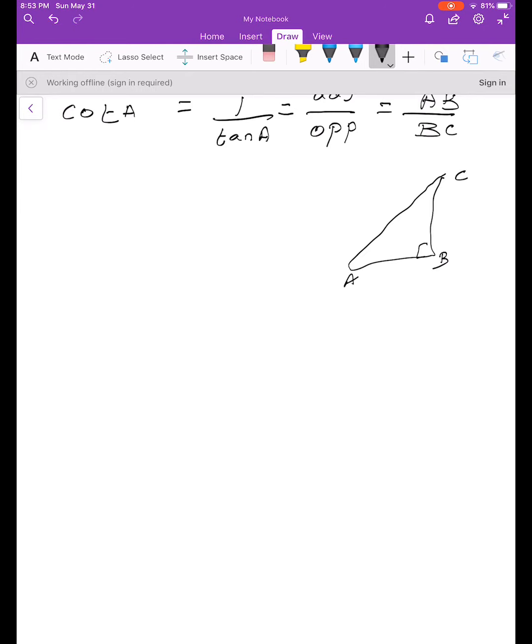Now I am going to write with respect to angle C. You can repeat with me so that it will be easy for you. Sin C is equal to opposite by hypotenuse. What is our opposite here? AB. Yes. And hypotenuse is AC.